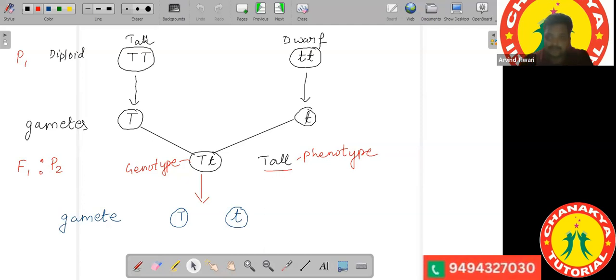Now here it's not that if you have a gamete containing a dominant allele and a gamete containing a recessive allele, it does not mean that the recessive allele will not opt for fertilization. Both of them have equal chances of fertilization, like we discussed here.